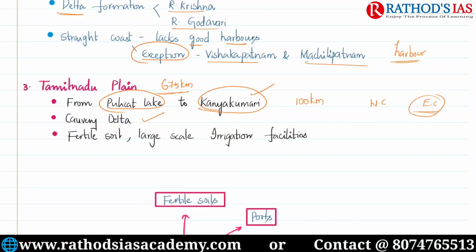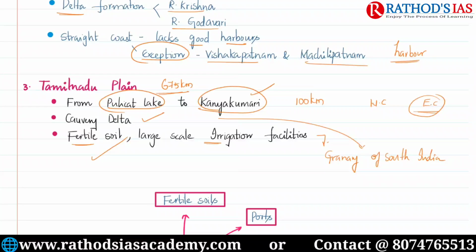The fertile soil and large scale irrigation facilities are seen in this Tamil Nadu plain. Because of this, the region is called the granary of South India. That is, the Kaveri Delta is called the granary of South India.